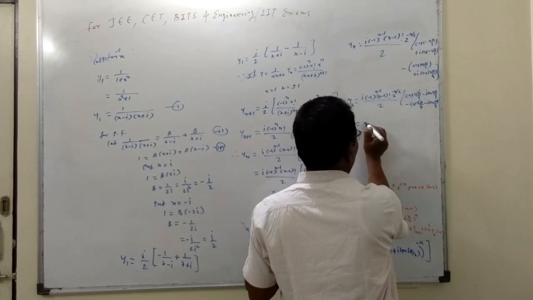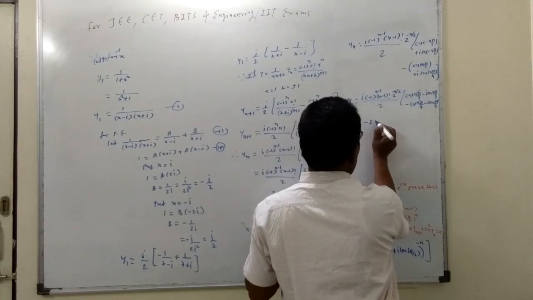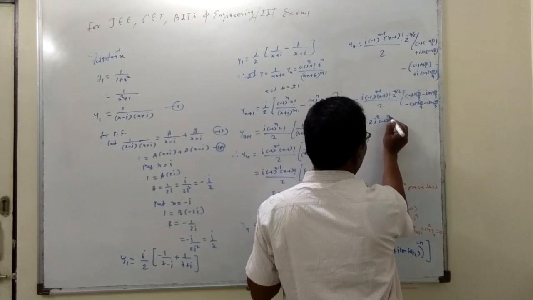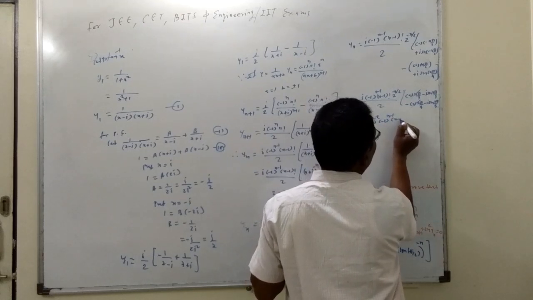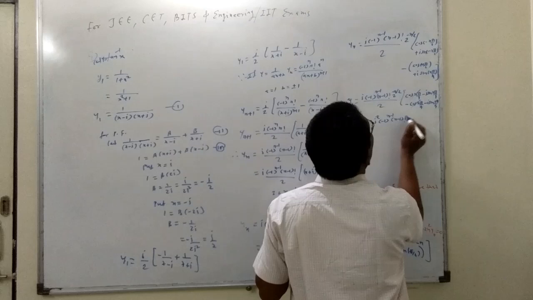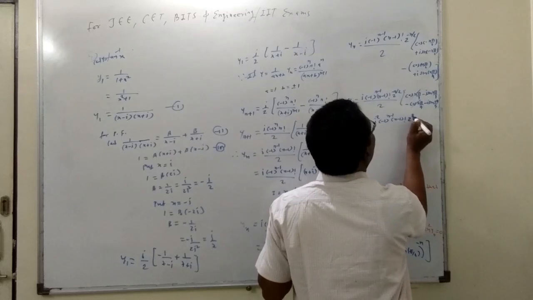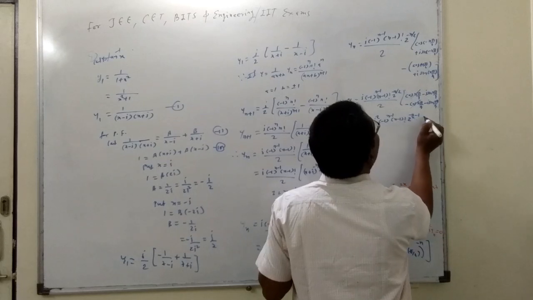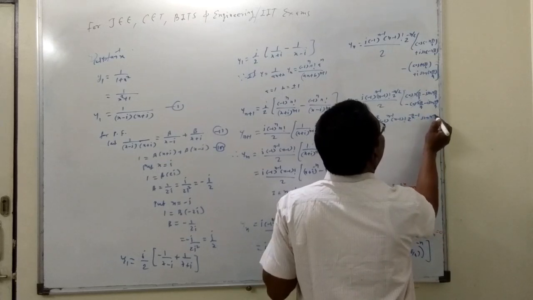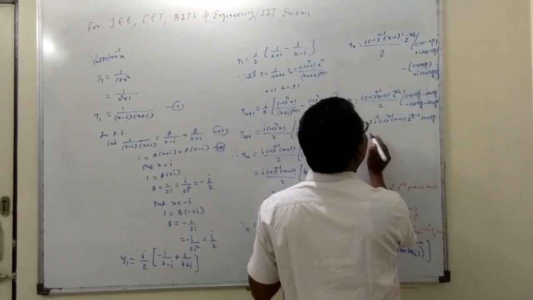So i into i, so minus 2 i square minus 1 raised to n minus 1 factorial 2 raised to minus n by 2 minus 1 and sin n pi by 4.